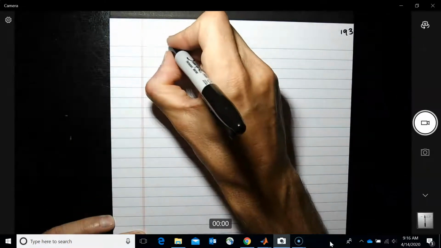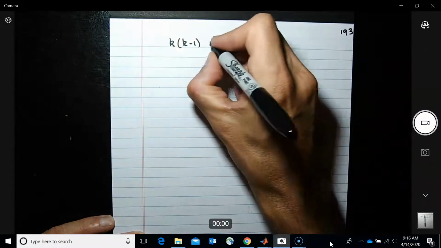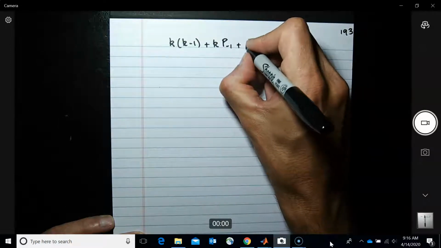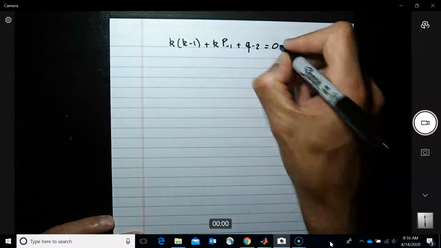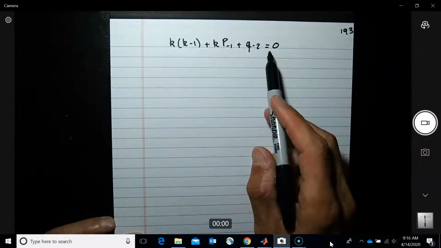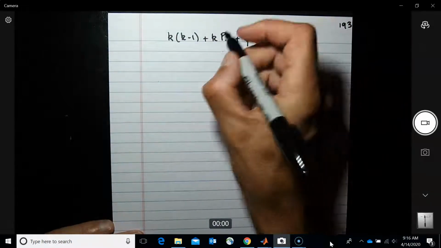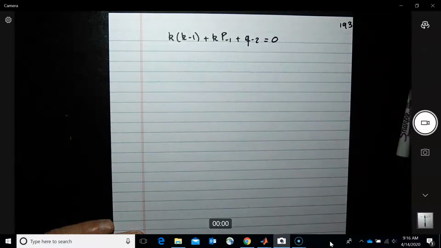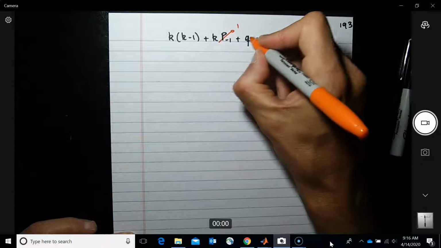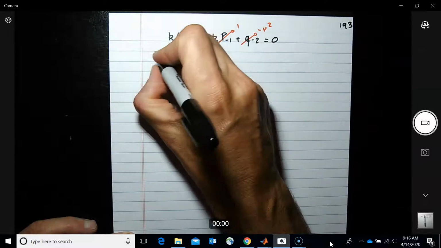And that initial equation is of the form k(k minus 1) plus k times (p minus 1) plus (q minus 2). Okay? If you remember how to do that, go to the previous videos, the one on the Bessel equation, where I do the derivation of that equation. So we substitute p minus 1, that is equal to 1, and q minus 2 is equal to minus mu squared. What do we get?